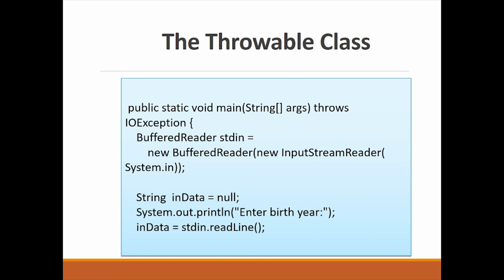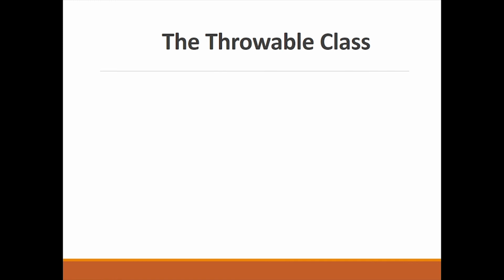This will allow us to get variables or data from files such as Notepad. So with this sample program, our input will be coming from a Notepad file. So again, BufferedReader, and then string data, birth year, and then it will get the line.